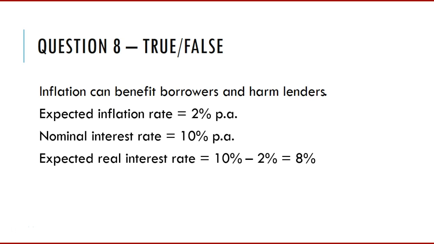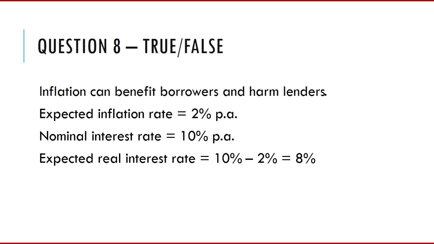Real interest rate here means this is giving us our real return on our loan to our friend, because we're going to be getting back 10% extra money, but everything is going to cost 2% more than at the beginning of the year. So in real terms, I've made a profit of a return of 8%.